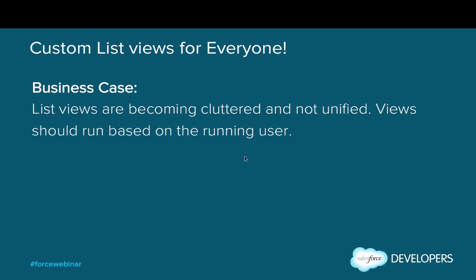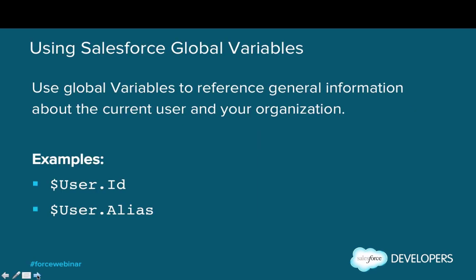So to do that, we're actually going to use Salesforce Global Variables. Global variables reference general information about the current user or your organization. A couple examples of those are $User.Id, which we'll actually use, or $User.Alias, right? So these are variables that can be stored either about your organization or about the user.